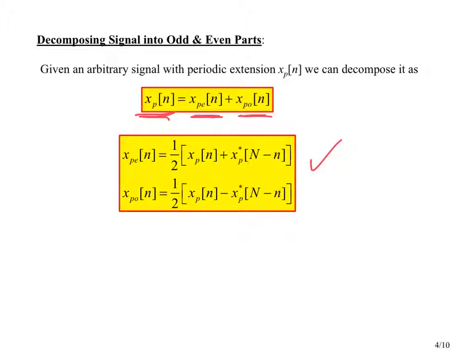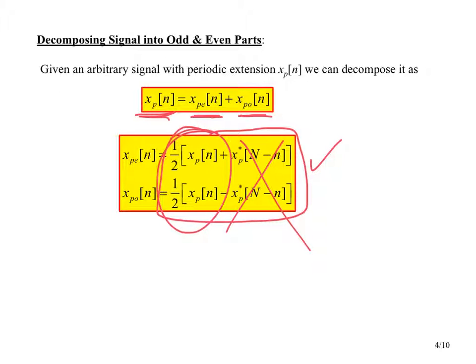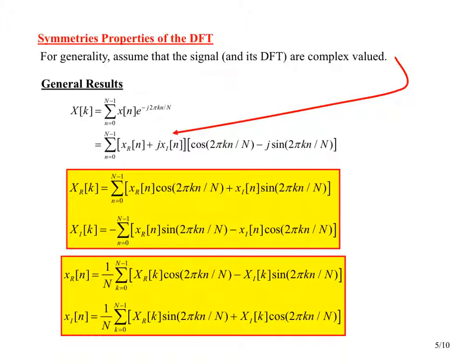So the first one is in fact even, the second one is in fact odd, and obviously if you add all these together the way that we show above, we see that those parts cancel out, and we're left with 2 times 1/2 xp, so we get back xp. So again, pretty easy generalization from what we have for standard functions.